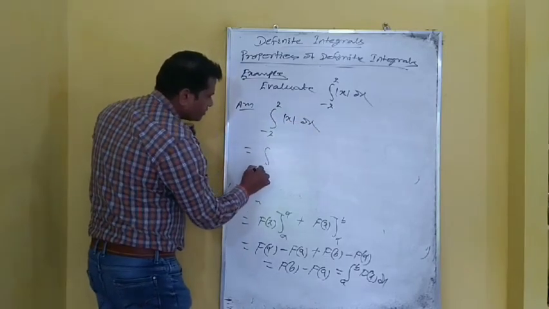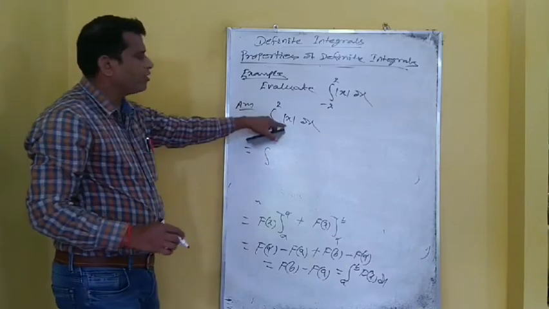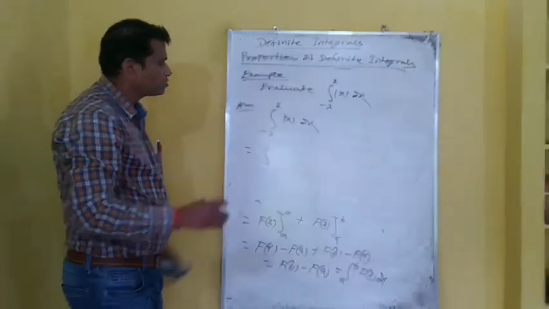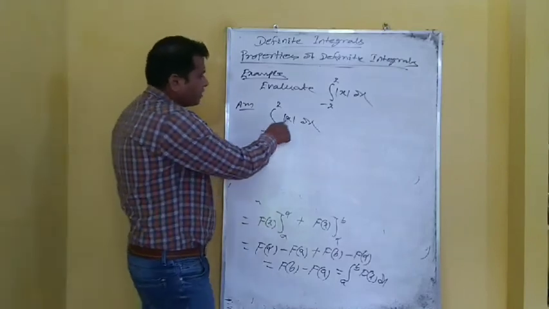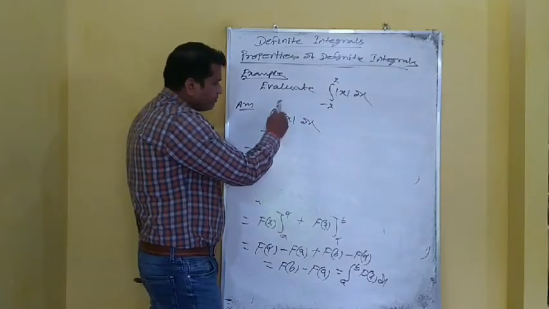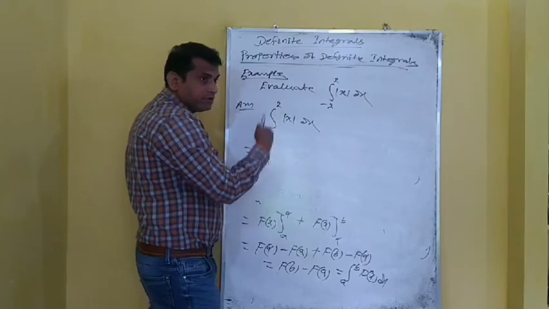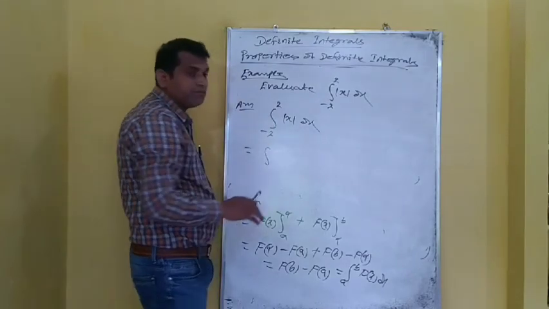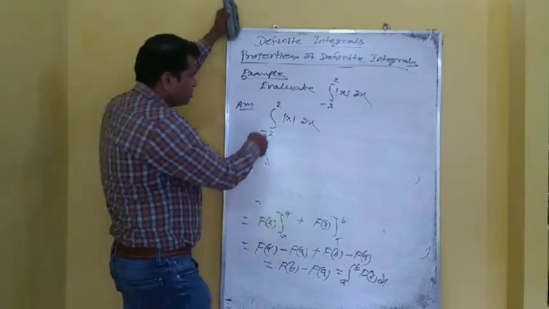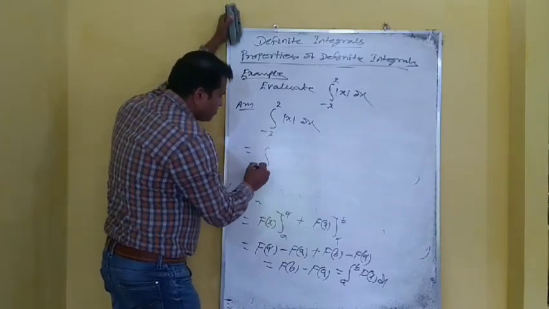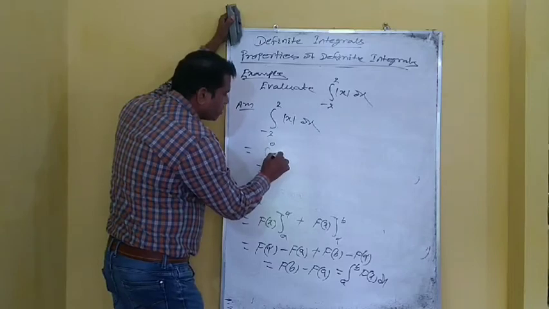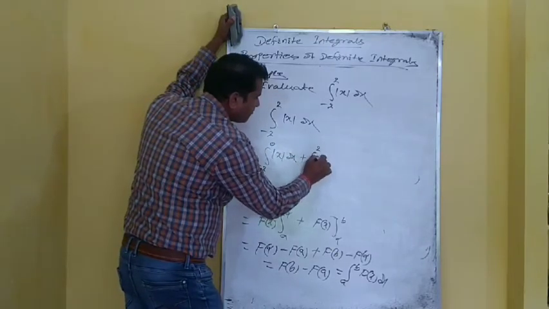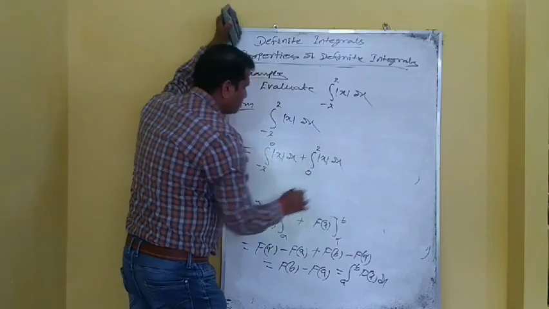Here the function is mod x, so the value of mod x in the negative region is minus x, and for positive it is x. So we write the integral from minus 2 to 0 of mod x dx plus the integral from 0 to 2 of mod x dx.